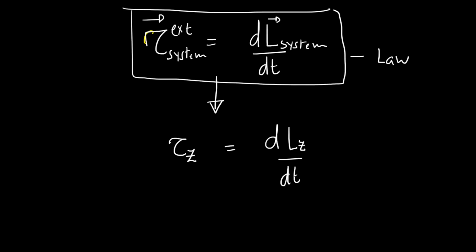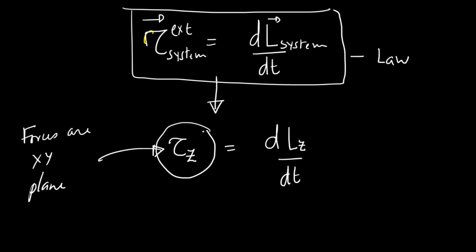by dt. It is obvious that you'll only get tau z because there is an assumption that the forces are in the xy plane. This part is already done, it's very easy. Our next job in the next video is, how do I calculate angular momentum of the system?